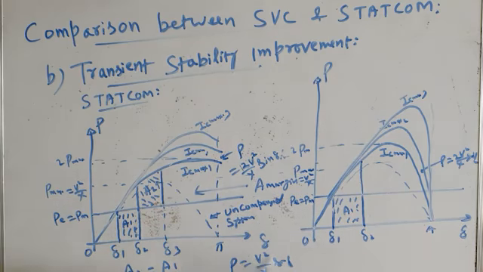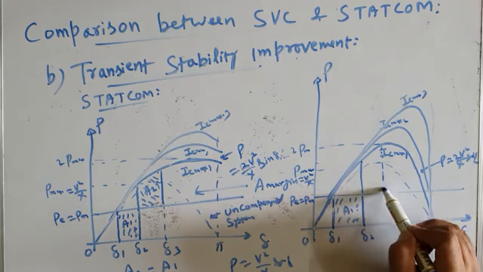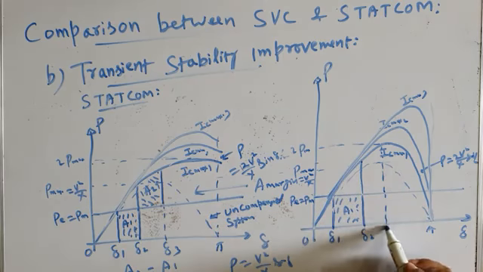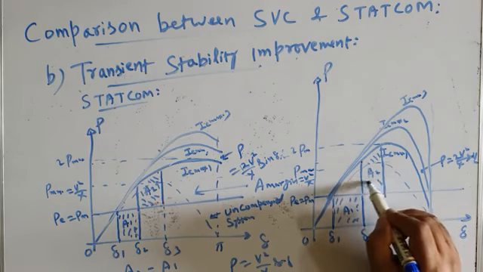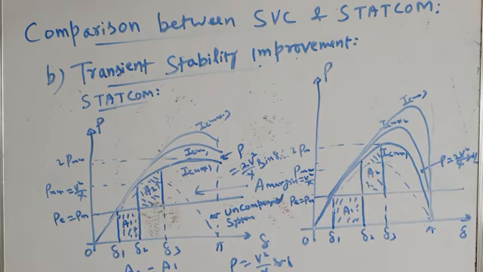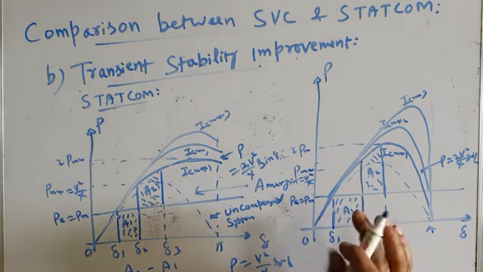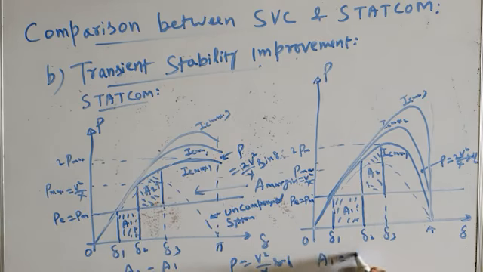It will keep on decelerating till the system reaches power angle, or transmission angle, delta 3, at which the decelerating area A2 exactly becomes equal to A1, and a balance is achieved. So whatever kinetic energy was stored is released, or accelerating kinetic energy A1 becomes equal to decelerating kinetic energy A2, and the system comes back to its normal steady state operation.